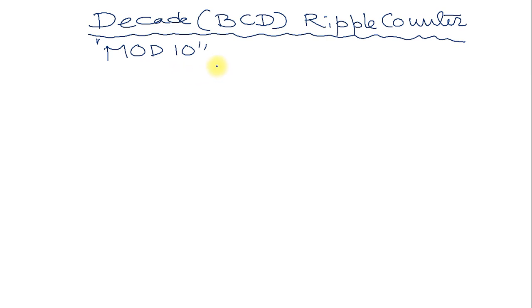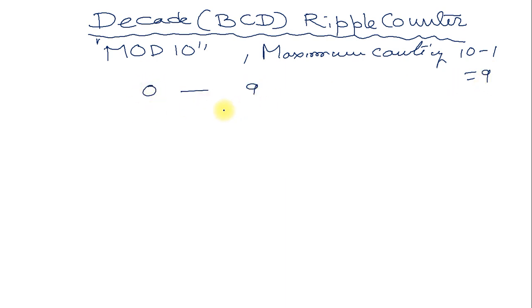As we know, the maximum count possible through this mod 10 counter is 10 minus 1, that is 9. So we can count from 0 to 9 by this mod 10 counter or BCD decade counter or BCD ripple counter.